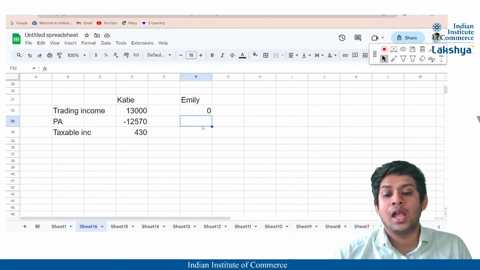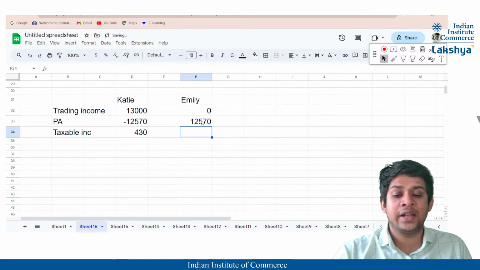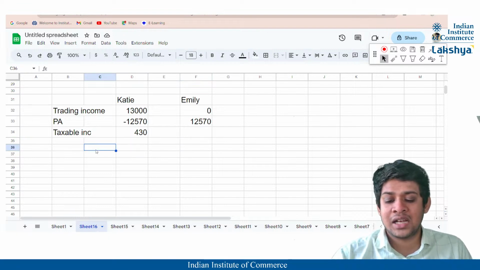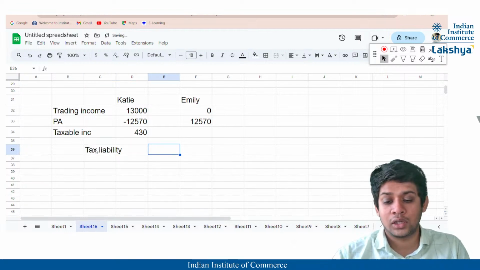Now Emily has no income, so her total personal allowance is available. And if she elects to make a transfer to KT under the marriage allowance, then in such a case, firstly, her tax liability will be computed for KT.